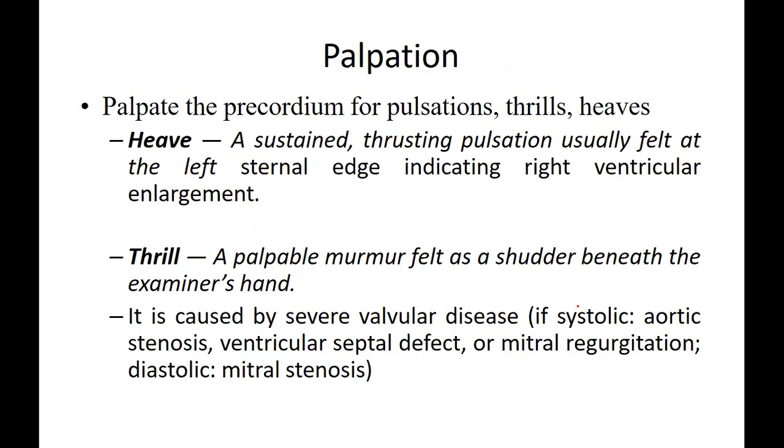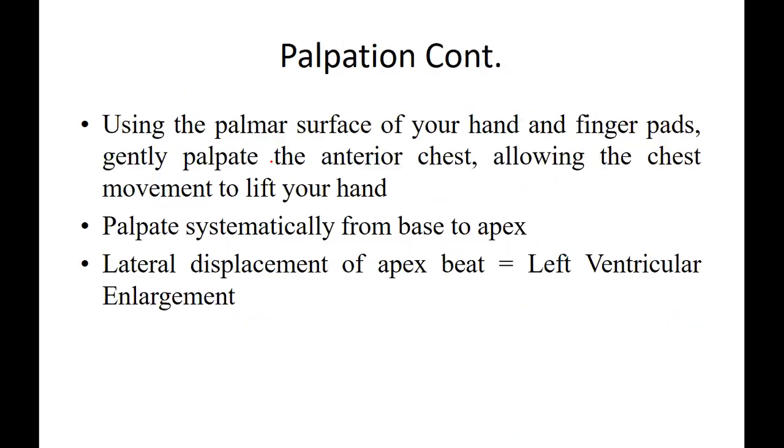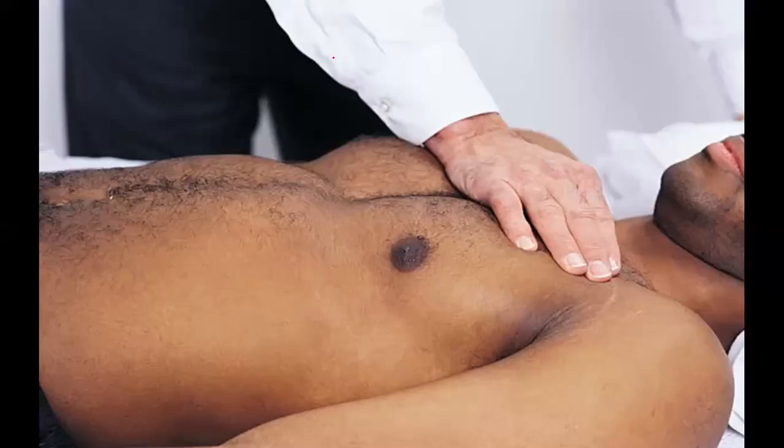After you've inspected the precordium, you now go ahead and palpate. How do we palpate the precordium? You just place your hand over the cardinal areas. You are looking for the pulmonic area and aortic area, and you palpate along the sternal border and around the apex.